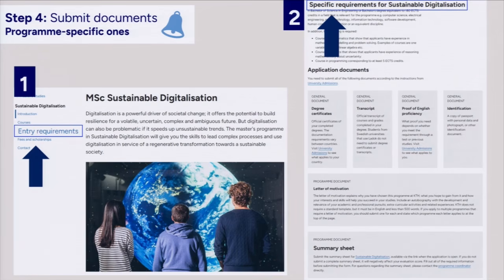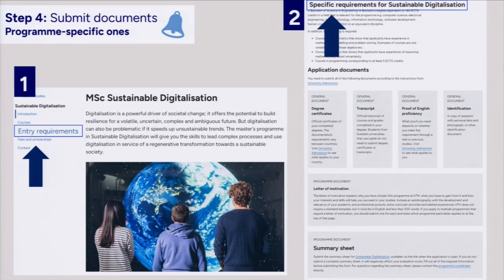And here you can see that you need to submit a summary sheet. This is, for this program, done digitally. It's a web form that you fill in. And then there is a letter of motivation for this program.